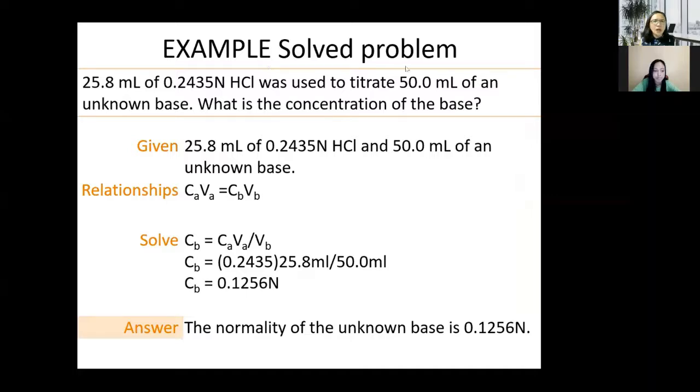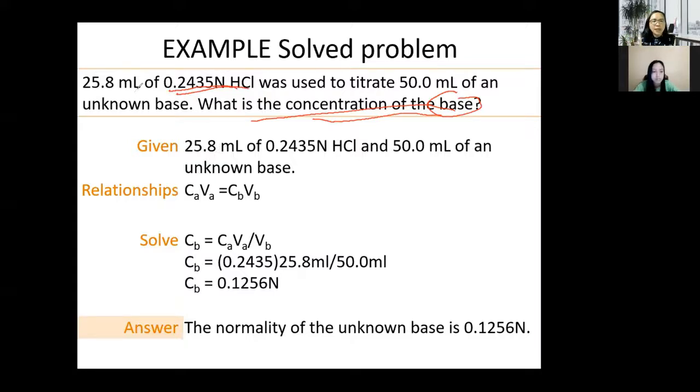So, here, we have an unknown sample. Okay, hindi sinabi kung ano na base. Ang sinabi lang dito is concentration of the base. Hindi sinabi again kung ano yung base na ginamit natin. But we use our standard titrant, that's 0.2435.